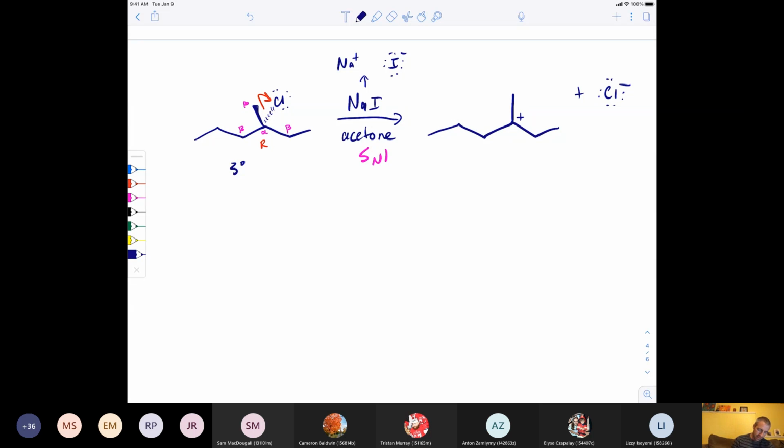It would be a mistake to draw it like this. If you kept the wedge bond from before, that's actually incorrect, because it implies that the geometry of that carbon is still like, I don't know, trigonal pyramidal or something like that.